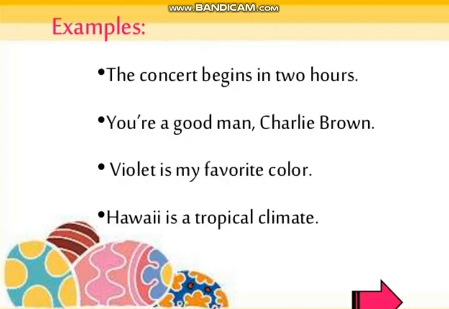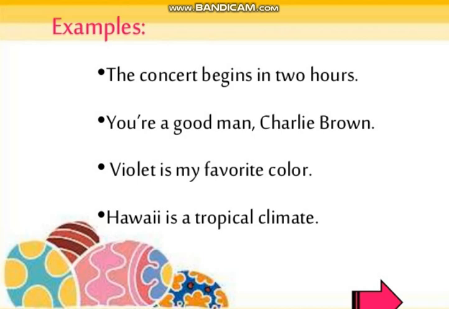Look at examples. The concert begins in 2 hours. Here you can see at the end we have a period, and it just informs us when the concert is going to start. You are a good man, Charlie Brown. Here they just tell the person whose name is Charlie Brown that you are a good man.